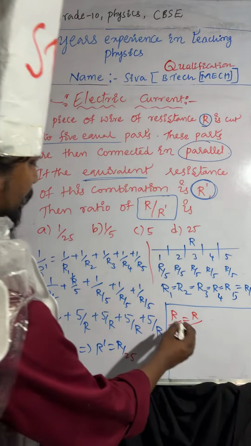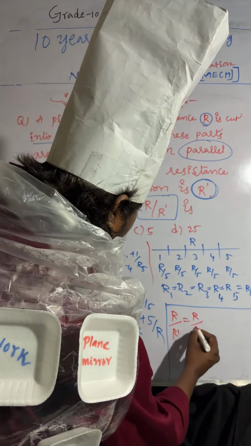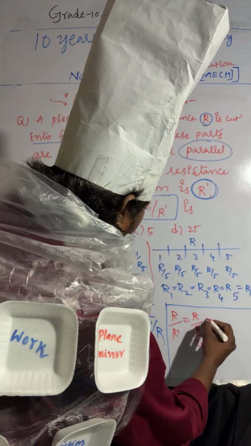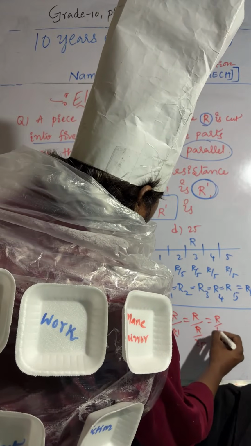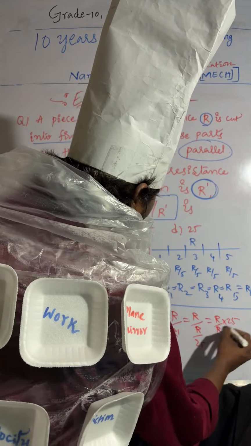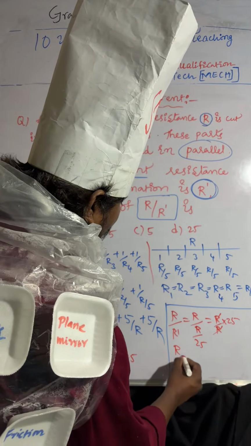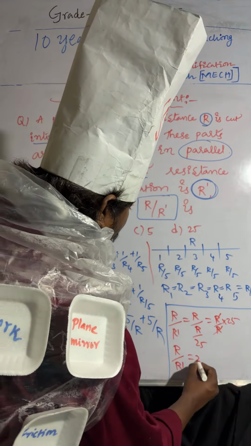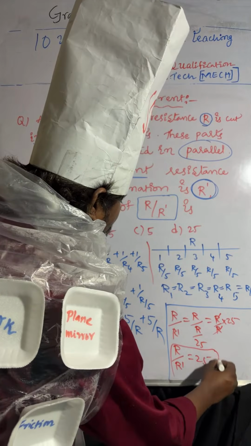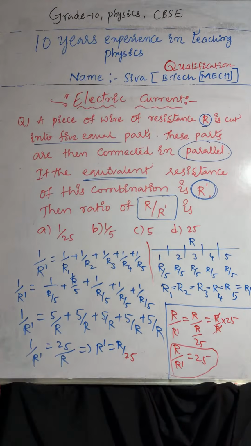Yes. So now R by 25 is R by 25, then it comes to numerator R into 25. So R gets cancelled. So R by R dash equal to 25 is the correct answer. So which one is the answer? Option D. Option D is the correct answer.